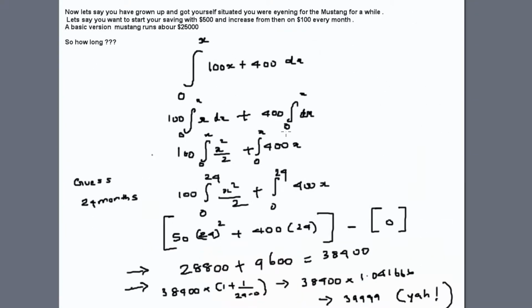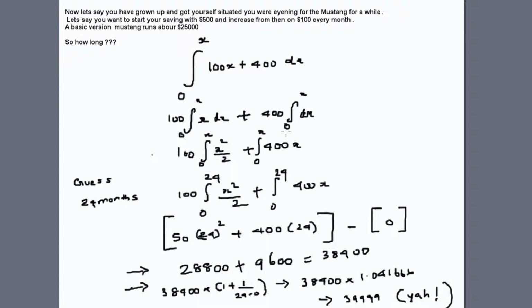Now let's say that you have grown up and you got yourself situated pretty well, and now you're eyeing that Mustang. Let's say that you want to start your saving with about $500 a month and increase it by $100 every month. The basic version of Mustang runs about $25,000.